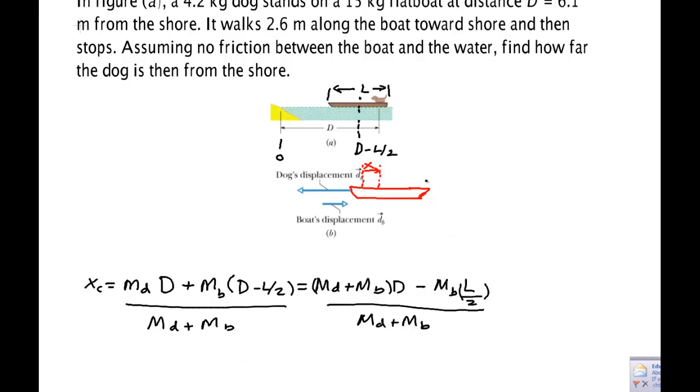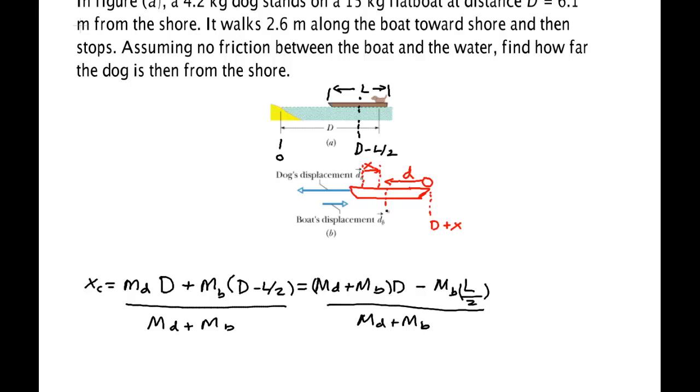The dog, whose initial location would have been d plus x because the whole boat moved over, moves in this direction some amount, which it says is 2.6 meters, but which I'm going to represent by just a distance little d.